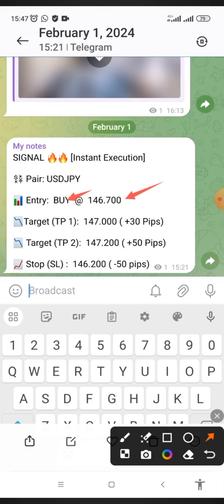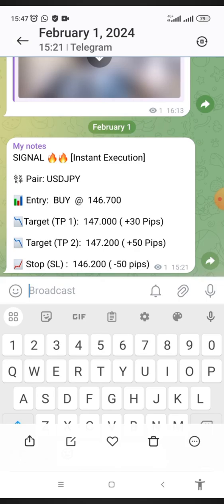But if price is still above this price, if it is a sell trade, then it becomes a better opportunity for you to take. But if it is a buy trade, when price is above this entry price, it becomes too late for you to enter. But when price is below this price as a buy trade, it becomes a better opportunity for you to enter.